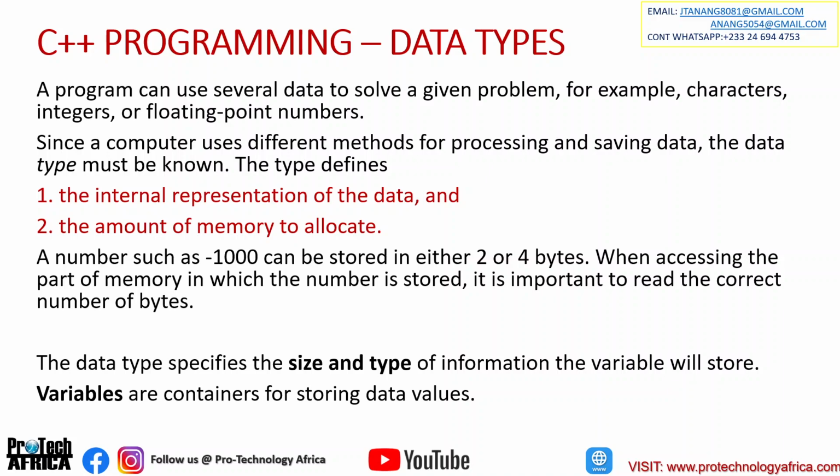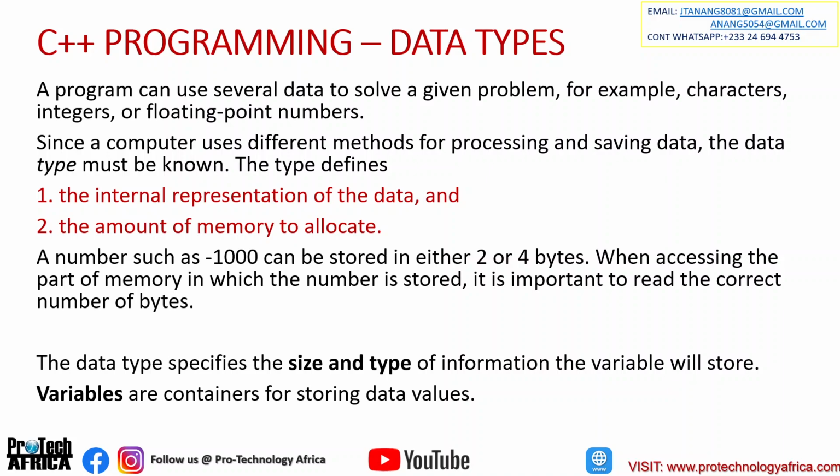And the data could come in different formats. It could be an audio file, video, pictures, text, numbers, or it could also come in symbol forms. So these are some examples of data, and in writing a C++ program, we need to put these data into the various data types that they belong to.